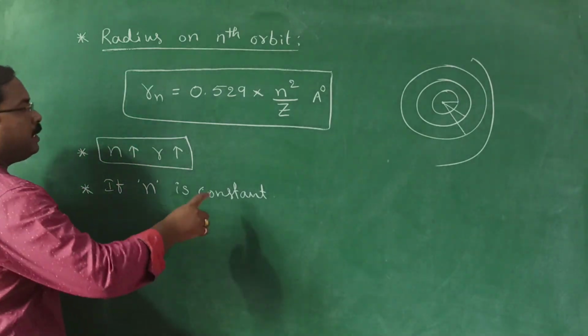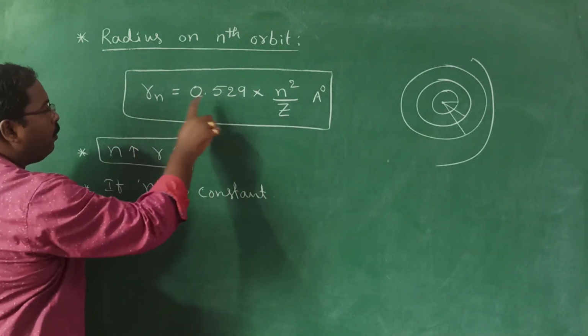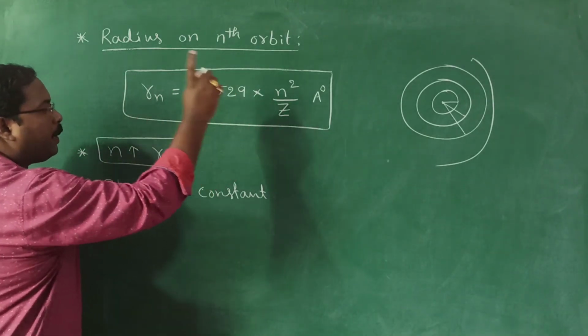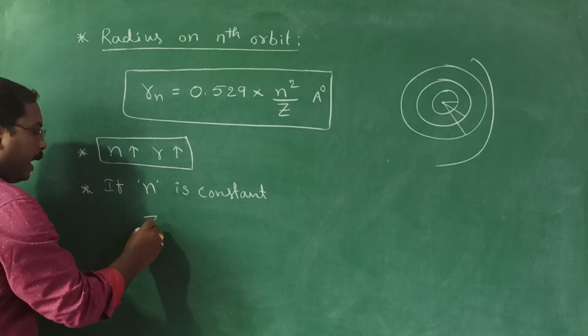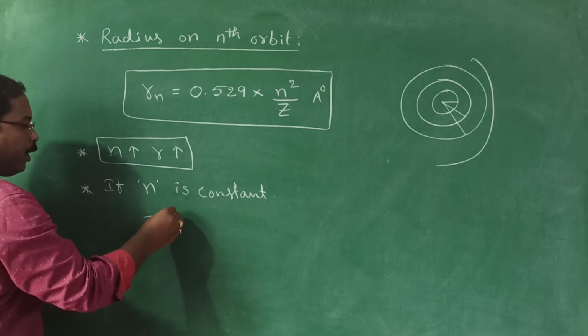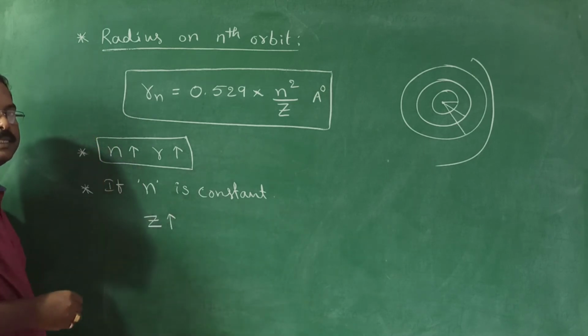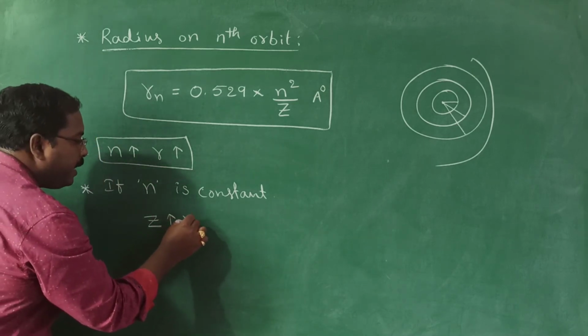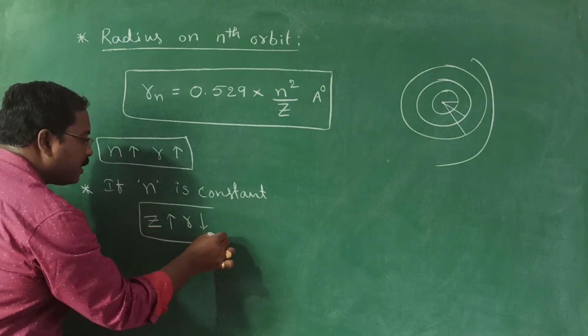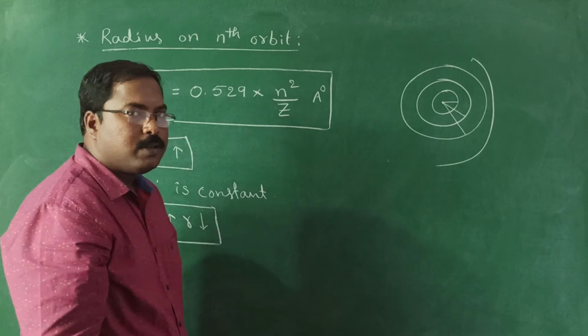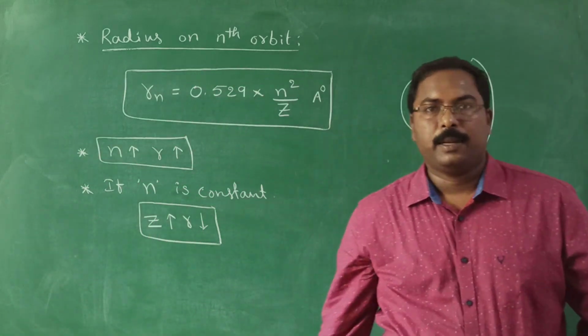In such cases, what relationship did we find? R is inversely proportional to Z. That means as atomic number increases, the radius of a particular orbit decreases. Understood or not? Remember that one.